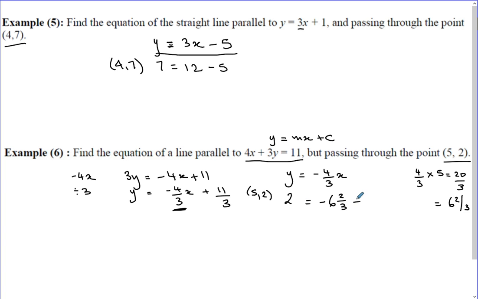So you know you'll have to add 2 more than that. So you've got 8 2/3. Yeah? So then your equation will be y = -4/3 x + 8 2/3. So we'll just write that out a bit better because we'll make that a mixed number. So you've got -1 1/3 x + 8 2/3.